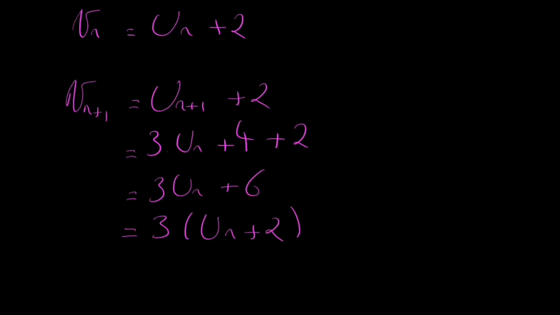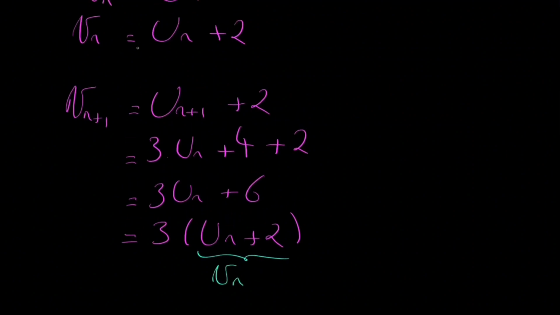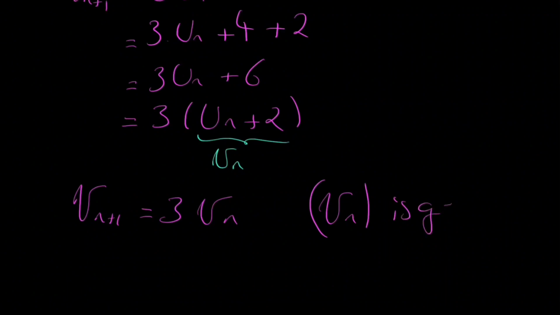This is not by chance; we formed v_n to behave like that. Here we have the expression of v_n. So we conclude that v_{n+1} is equal to 3 times v_n, so the sequence v_n is geometric.